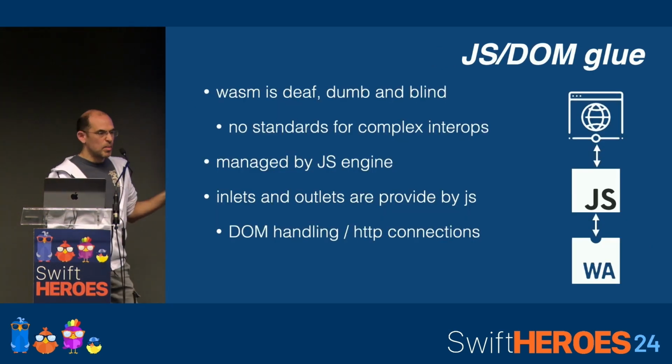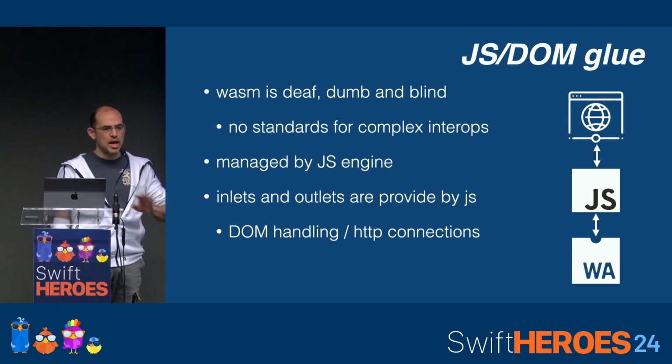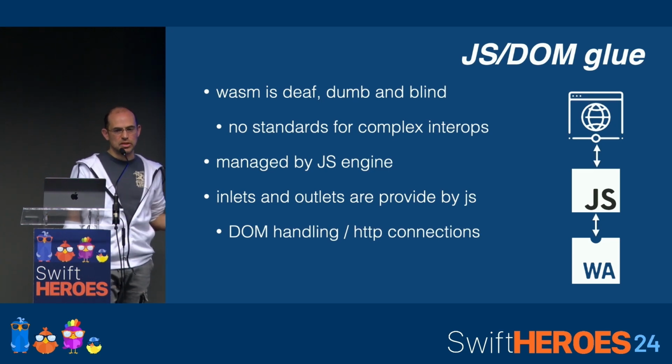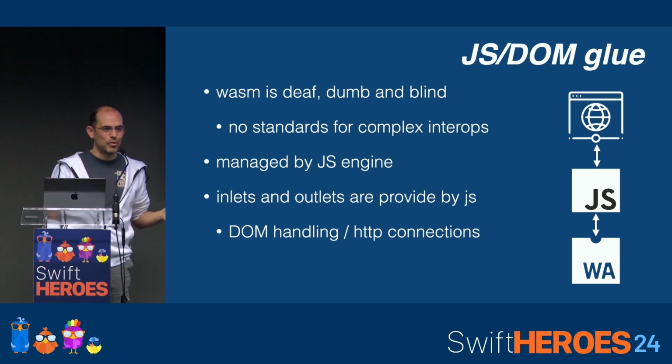When you work with WebAssembly to build a web application, you have to know that WebAssembly is a sandbox. It's completely deaf, dumb, and blind. It cannot interact in any way with the browser. So how can you use it?